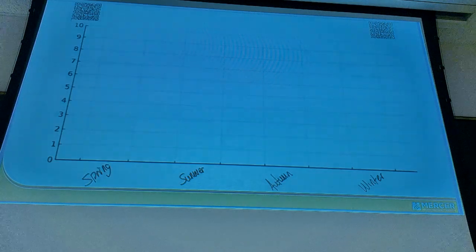Then you have the solstices, summer and winter. Summer is more day than night, and winter is more night than day. That's generally how they choose the first days of the seasons, based on the equinoxes and the solstices.